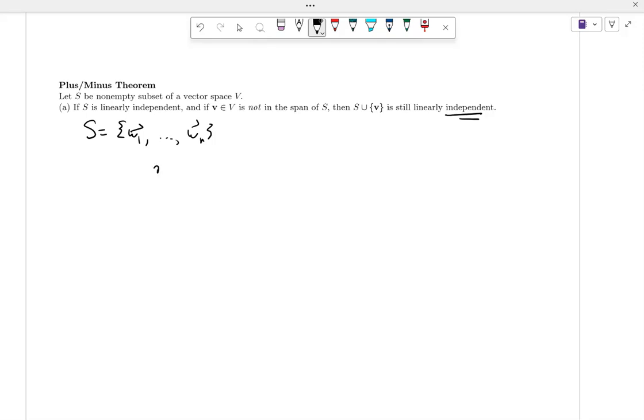I start with a linear combination that gives me the 0 vector. Okay. So I'm thinking about taking a linear combination of all of the vectors in S and then plus the additional one I'm trying to throw in.